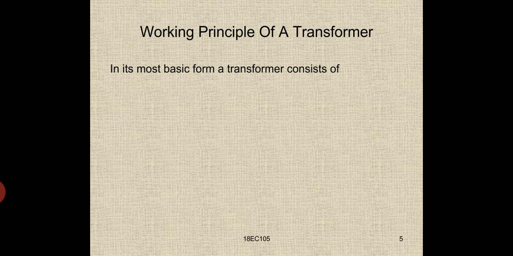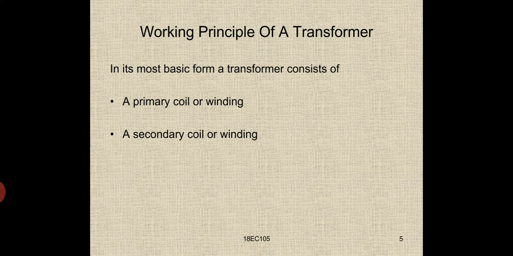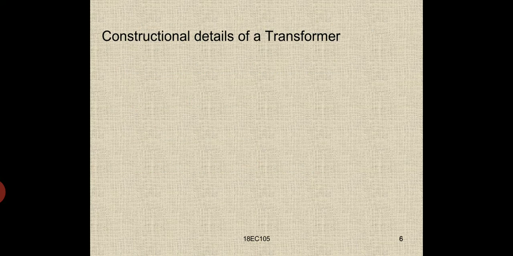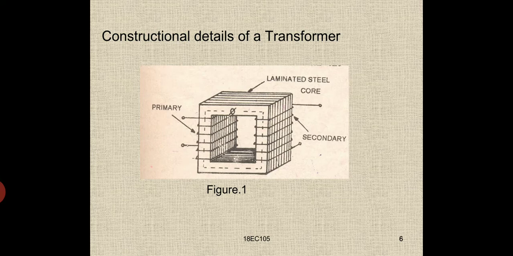Now, in its most basic form, a transformer consists of a primary coil or winding, then a secondary coil or winding, and also it will have a core that supports the coils or the windings. Let us see the constructional details of the transformers.